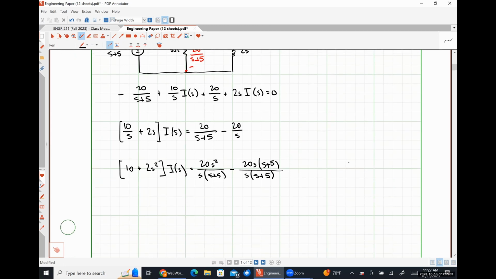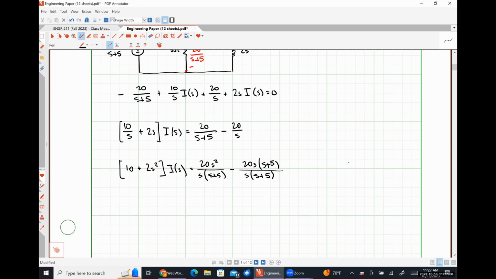Could that be an S squared in the second fraction? I don't think it should. Okay, so let me explain why. Oh, but I can factor out S's all day here.